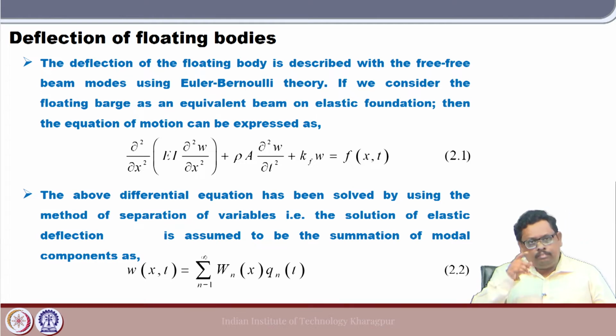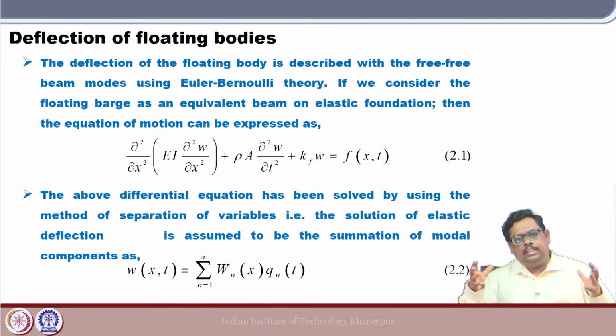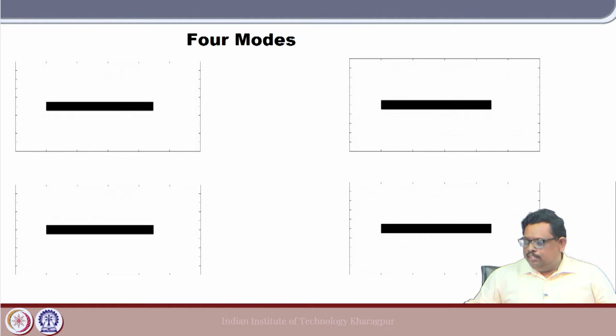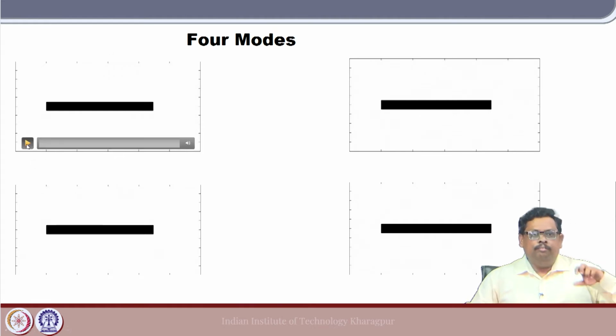Now, what is this mode shape? If you do vibration analysis, of course you know what a mode shape is, but for the beginners, let us see how the structure can bend if you apply some load on it.